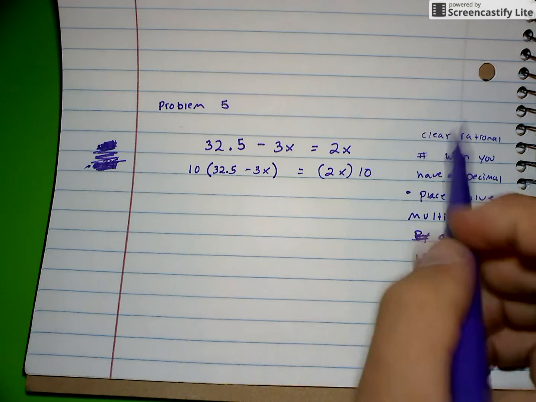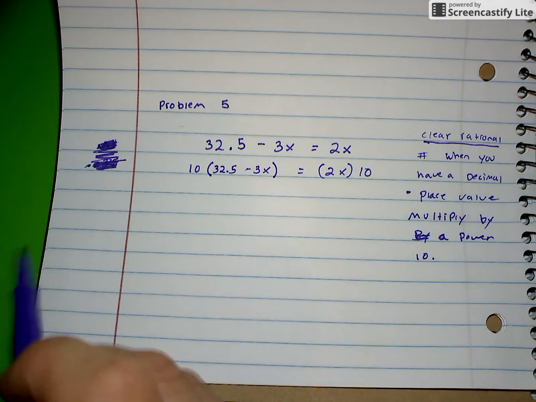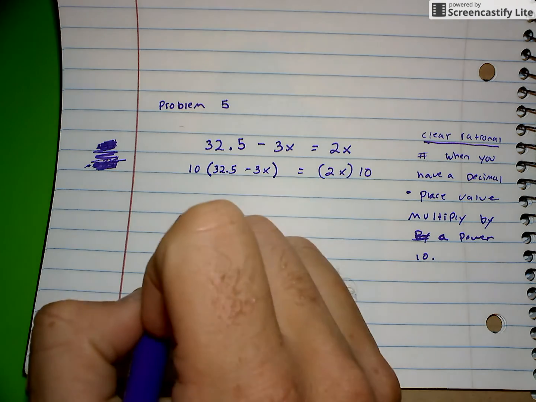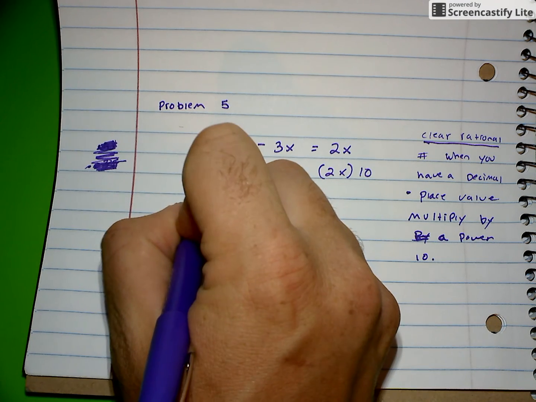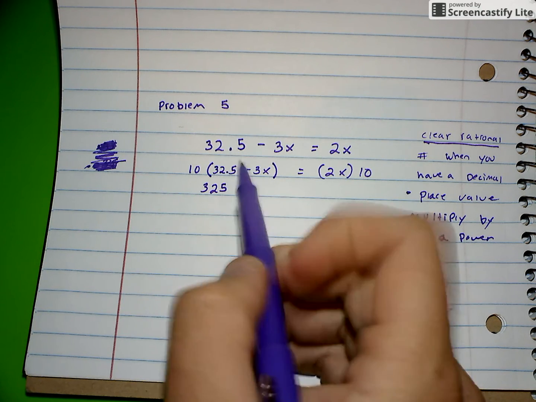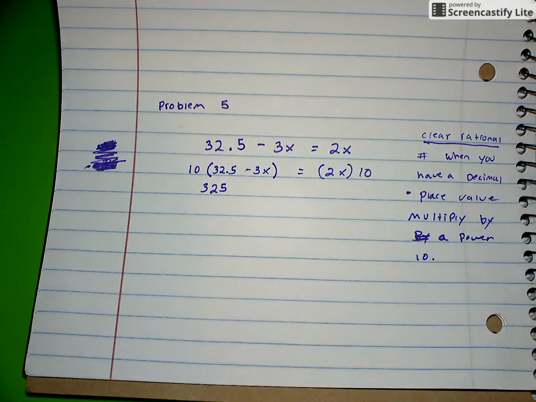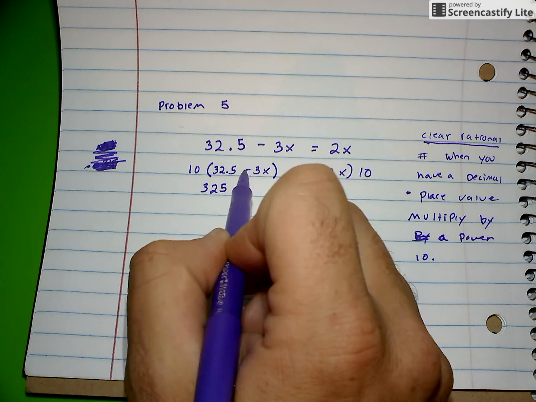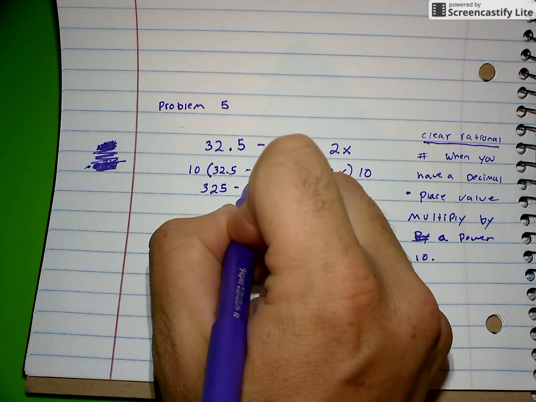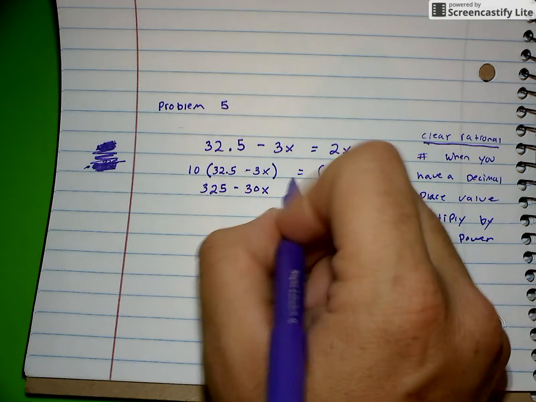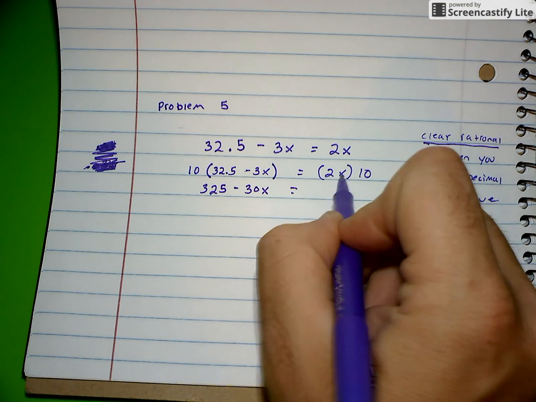What this does is it helps us clear out our rational number. 10 times 32.5 is just going to be 325. By multiplying by 10, the decimal place moves however many zeros you're working with. 10 times minus 3x gives us negative 30x.